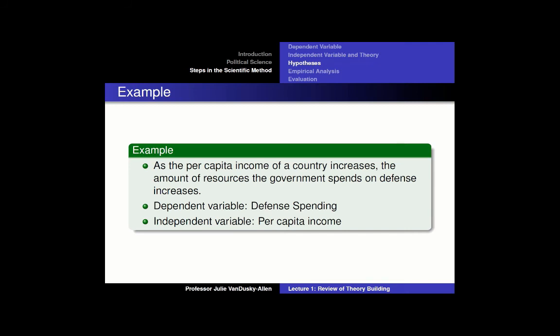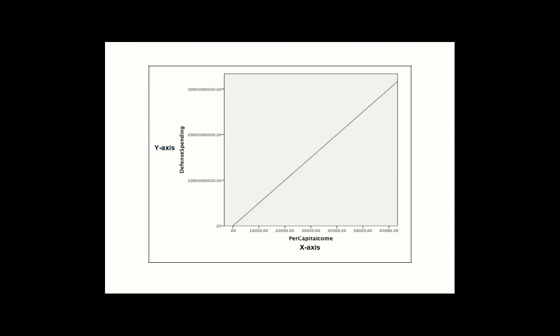For example, imagine your hypothesis was, as the per capita income of a country increases, the amount of resources the government spends on defense increases. In this hypothesis, defense spending is the dependent variable, and per capita income is the independent variable. This is what the graph would look like.